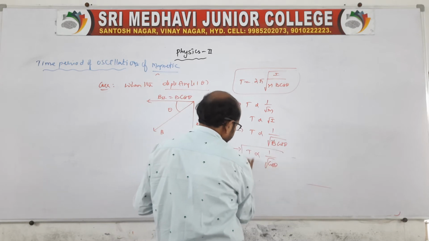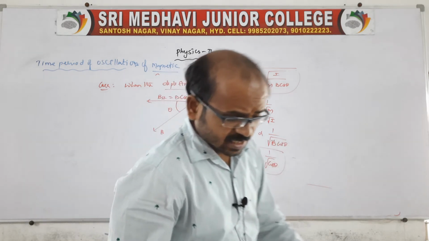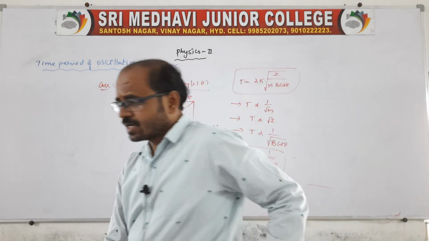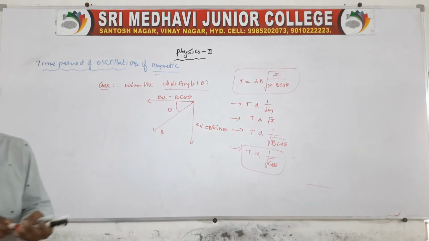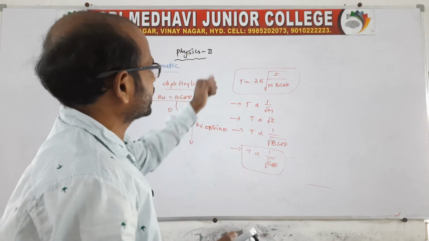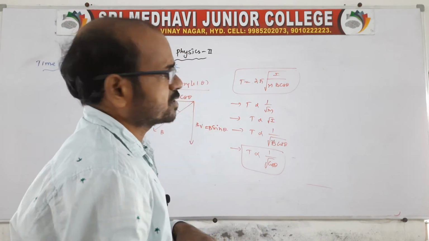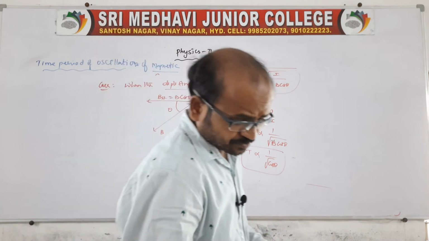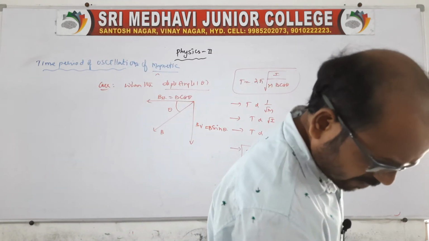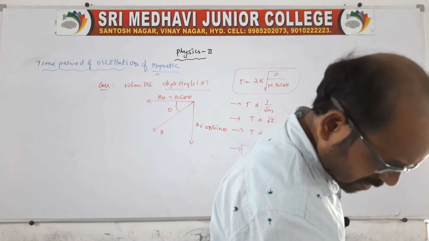So these are related to the time period of a magnet which is suspended in the uniform magnetic field. Therefore the time period is equal to 2 pi into root over I by MB cos theta. Clear? Now on this basis we have one or two problems.